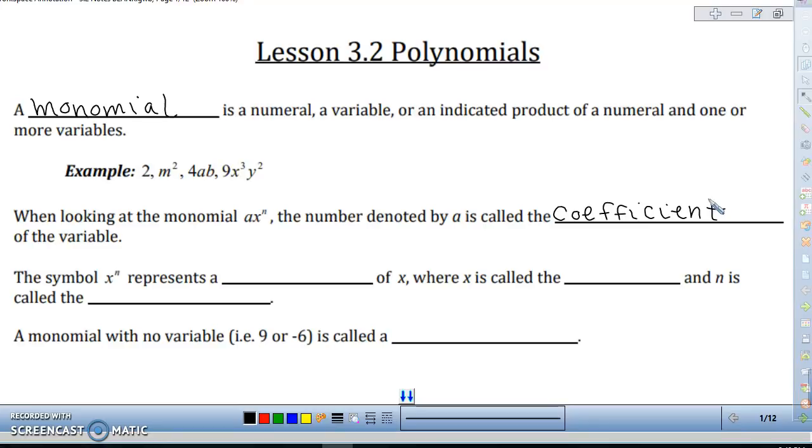The symbol x to the n represents a power of x, where x is called the base and n is called the exponent. A monomial with no variable, such as the number 9, or -6, or in our first example, 2, we call that a constant.